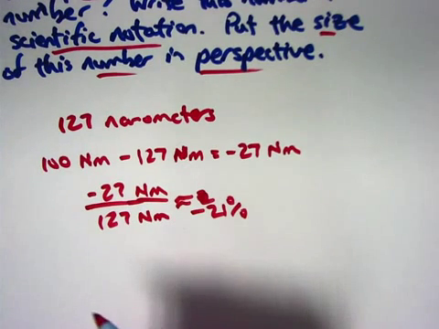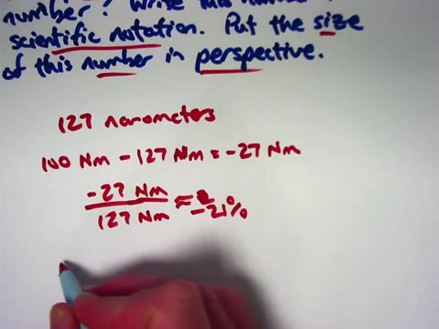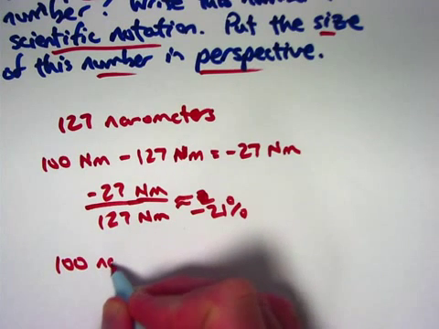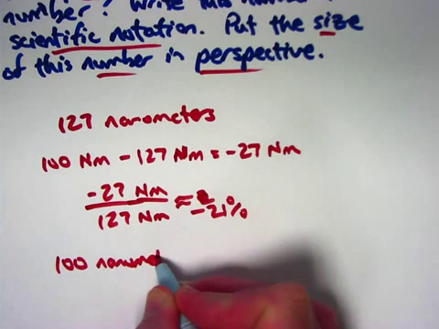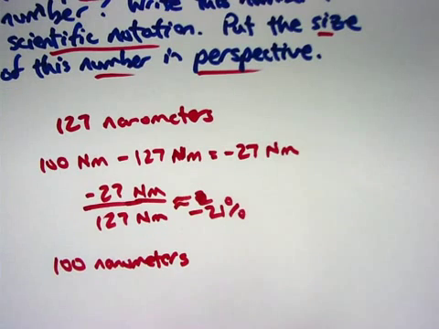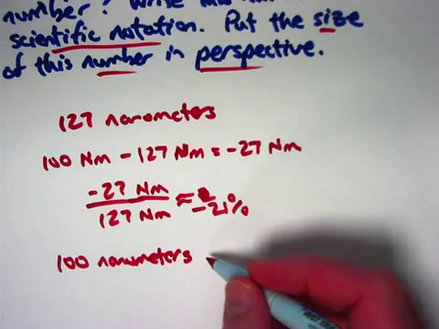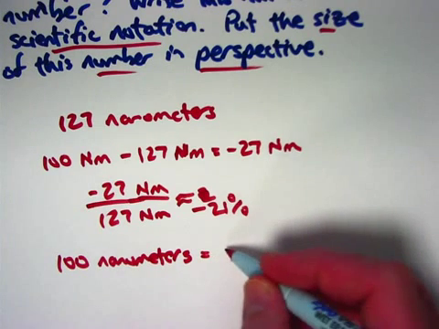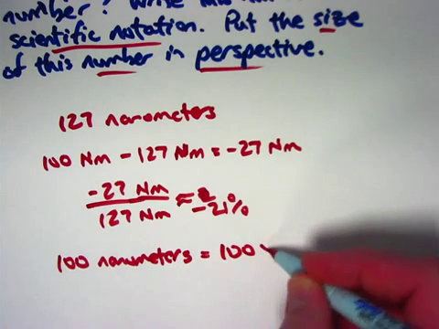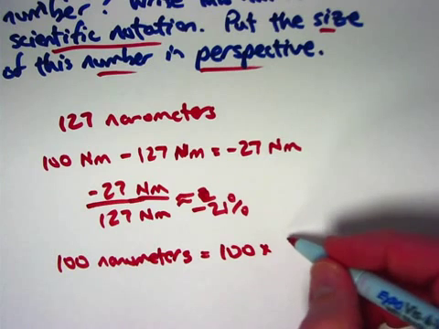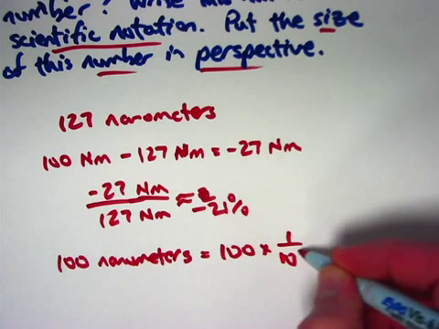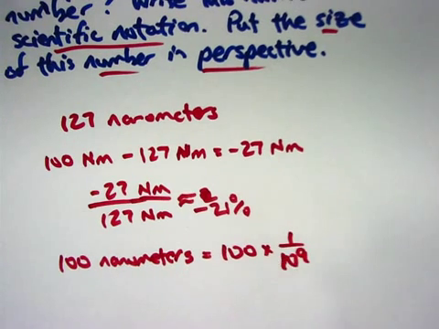How do you write it in scientific notation? This is a very small number. Nanometers is very small. A virus is very small. In fact, a nanometer is a billionth of a meter. 1 nanometer is 1 billionth of a meter, which is 1 divided by 10 to the 9th, really. 10 to the 9th is a billion.